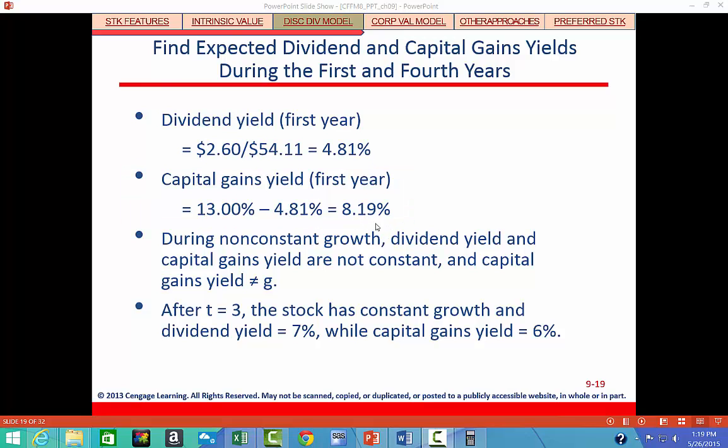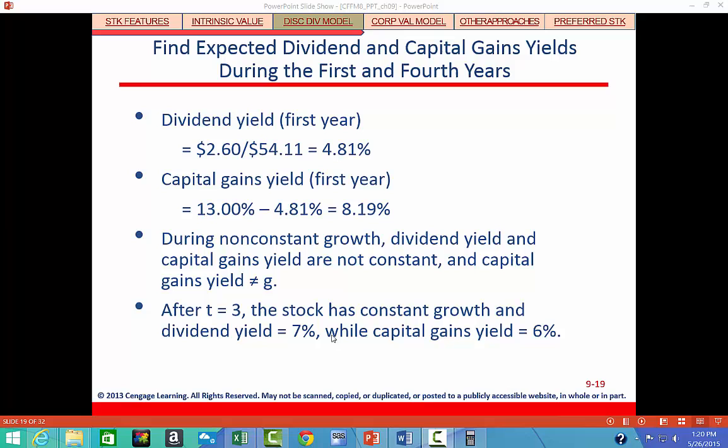And so you can see that in the early years for the supernormal growth type stock, the dividend yield will be lower relative to the capital gains yield compared to if it was a constant growth stock. So during those non-constant growth years, the dividend yield and capital gains yield are going to be changing over time.